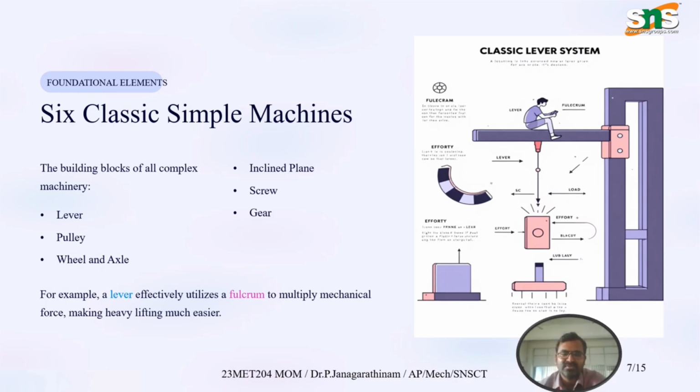For example, a lever effectively utilizes a fulcrum to multiply the mechanical force, making heavy lifting much easier. It can be used for lifting purposes, using a small amount of force to lift a heavy component or some other vehicle.